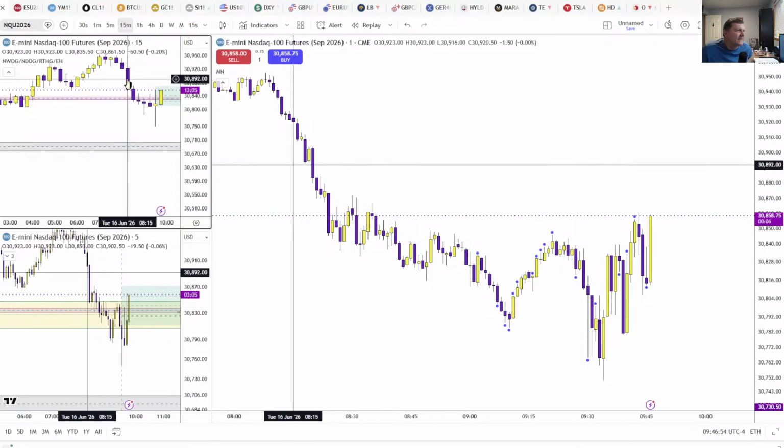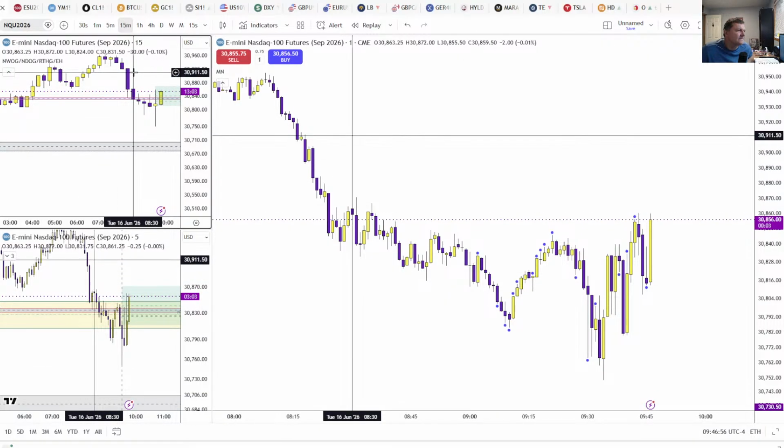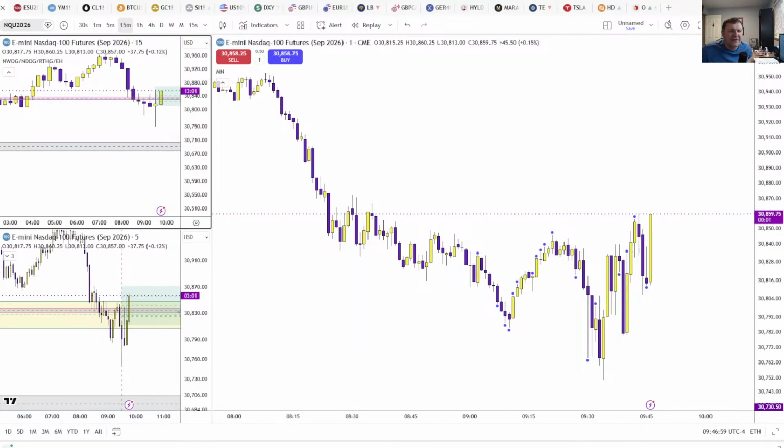The retest area here. These can go all the way up to 911 too.